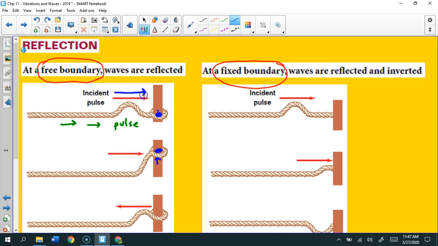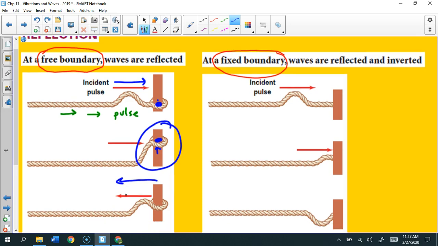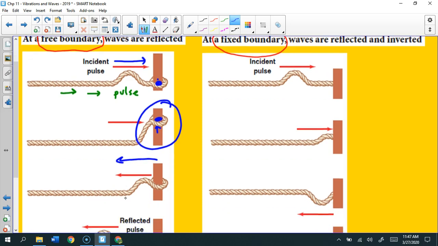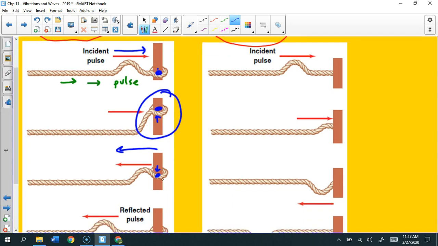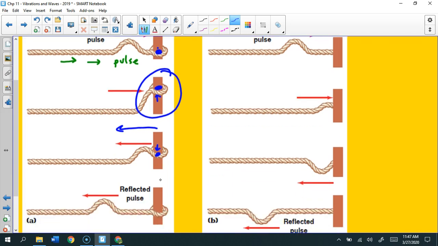Now, what's going to happen is something even more interesting. That incident pulse was energy. Amplitude is energy. It's actually energy squared. The energy was transferred to the pole. Well, guess what? Now that energy is going to transfer back the other way. So what you'll notice is that same blue dot has now gone down. It's using that free boundary to reflect off of, and it reflects and goes back.